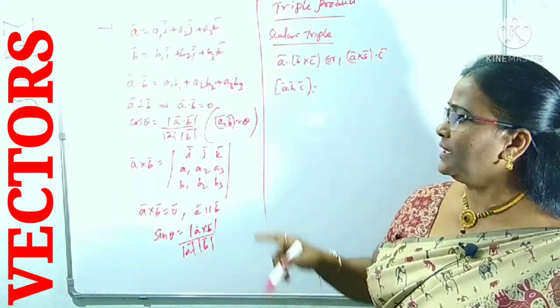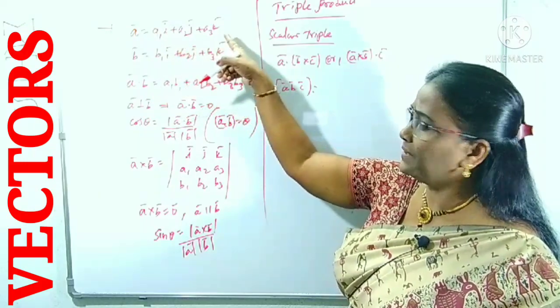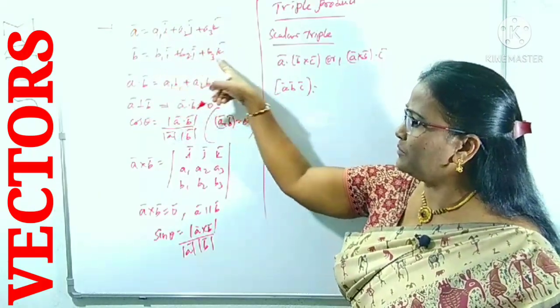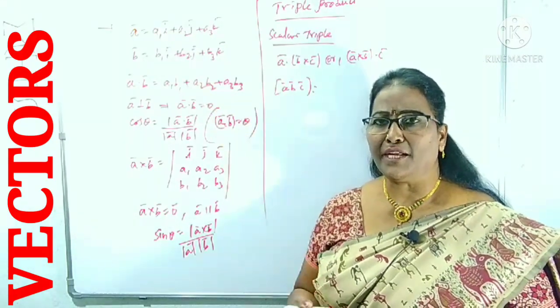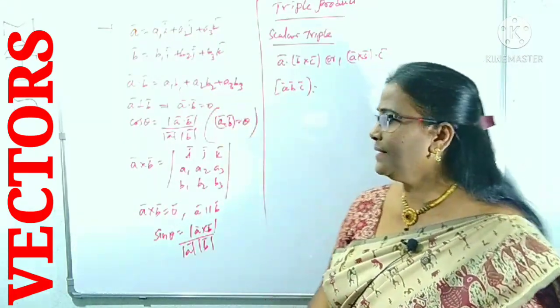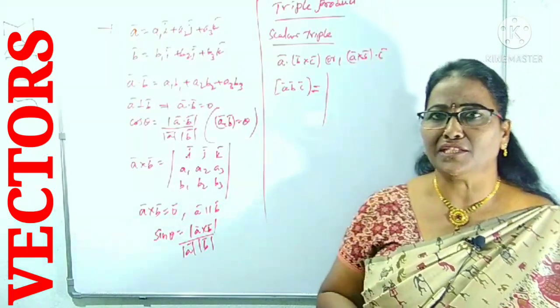How can you find it out? Here, if A is A1, A2, A3 combination, B is B1, B2, B3 combination, can you guess C? Yes, C is C1i plus C2j plus C3k. Then we can find the scalar triple product by using the determinant.